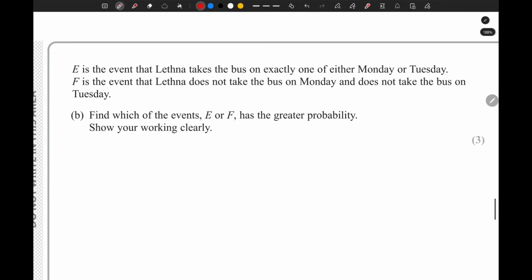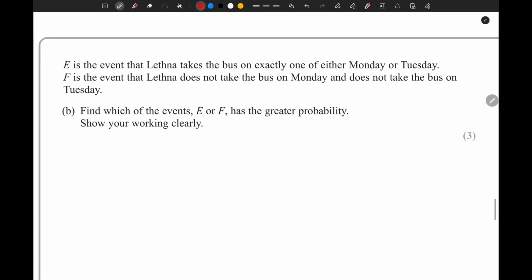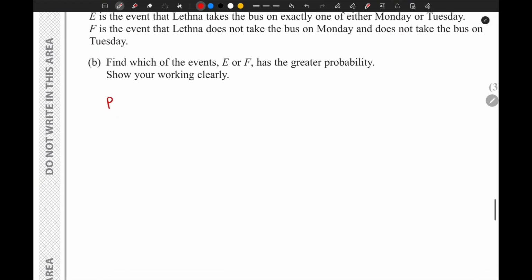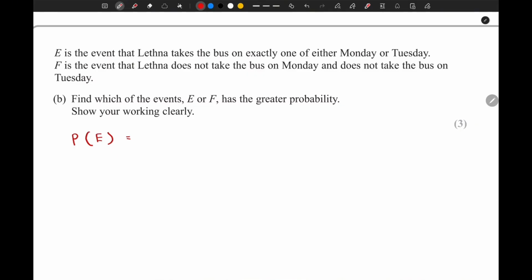Now E is the event that Lethna takes the bus on exactly one of either Monday or Tuesday. So let's first find out the probability of E. So she can take the bus either on Monday or Tuesday, but it must be exactly one of those days.